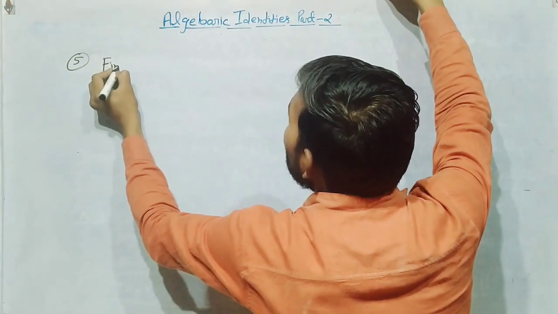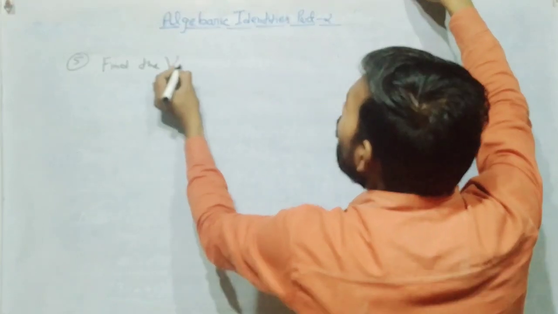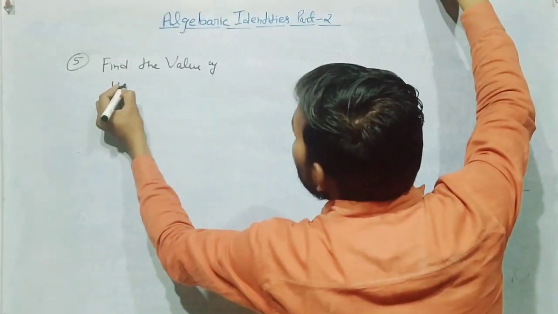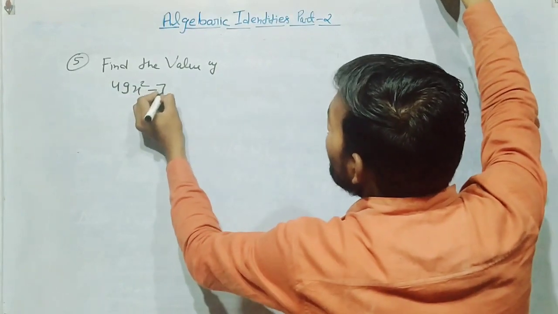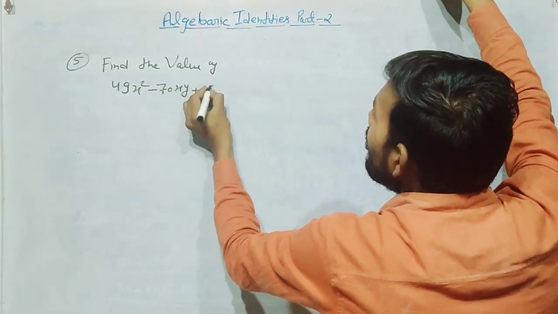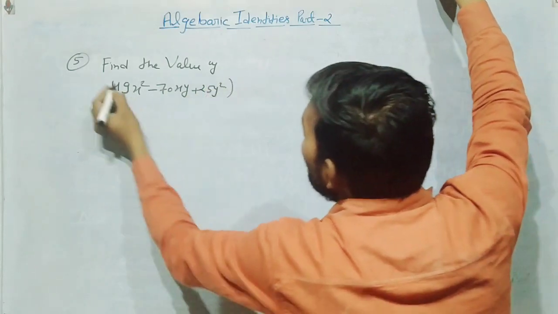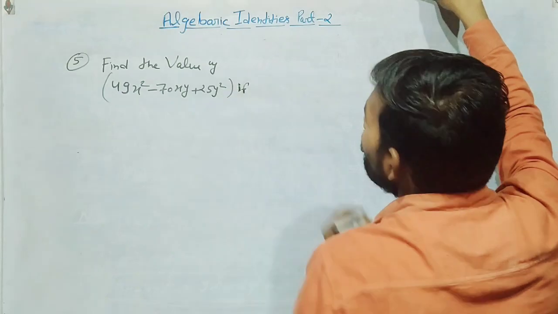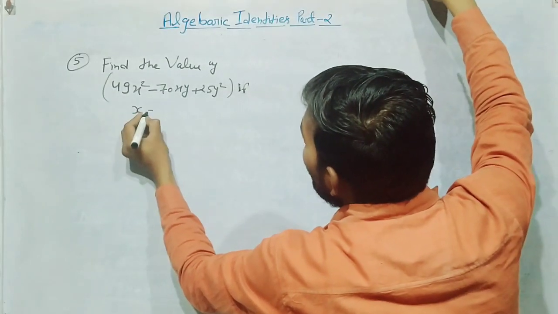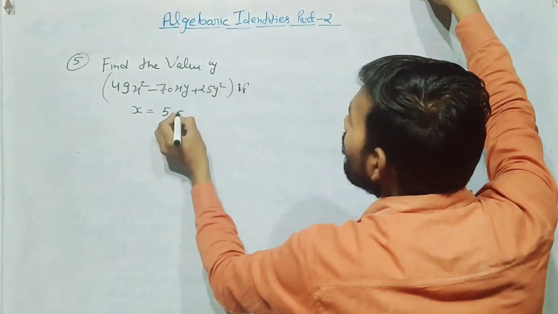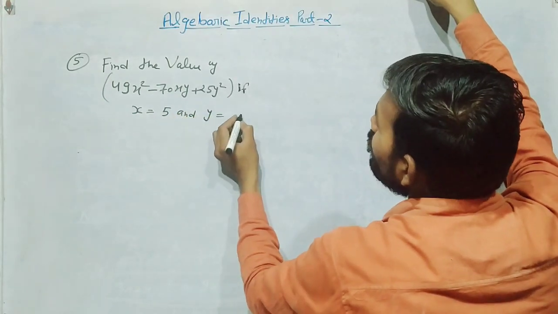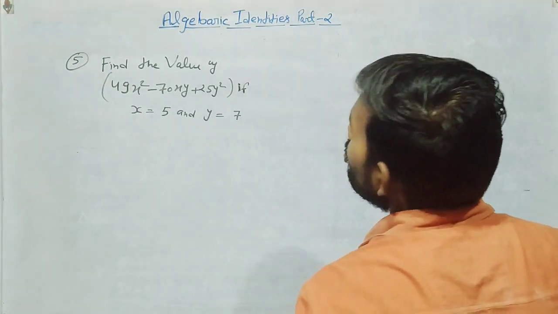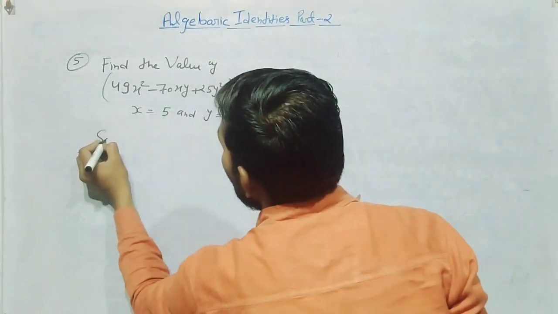Find the value of 49x square minus 70xy plus 25y square if x is equal to 5 and y is equal to 7.